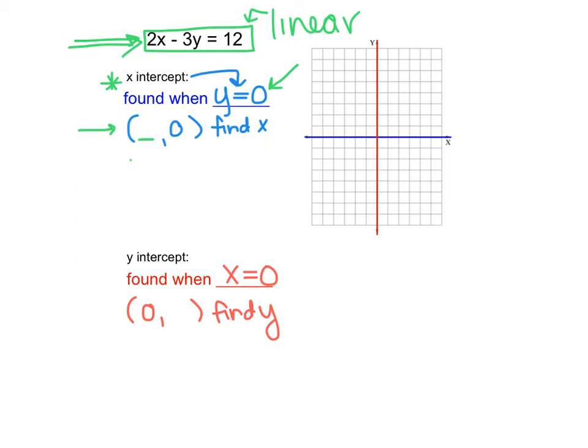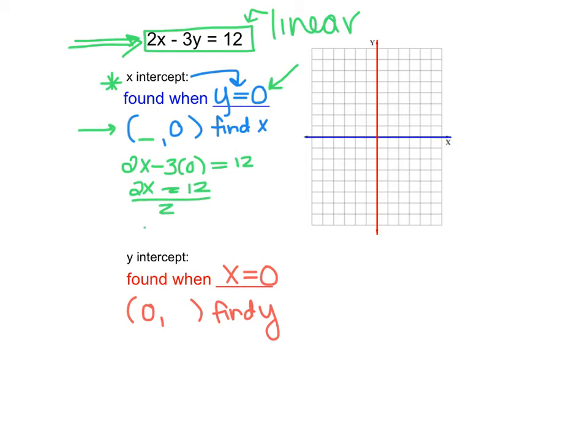So here we're going to take that equation, so we have 2x minus 3 times 0 is equal to 12. And then we're going to solve this equation for x. So 2x minus 3 times 0 is 0. I know that because that's 0, I really don't need to write that in, so I can just write 2x. And then I can write 2x is equal to 12.